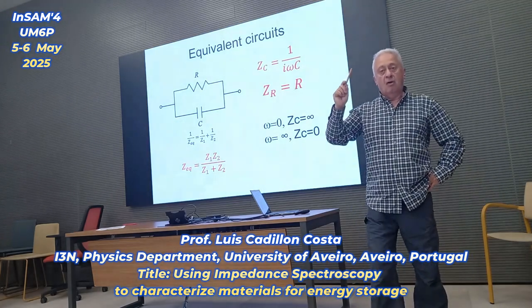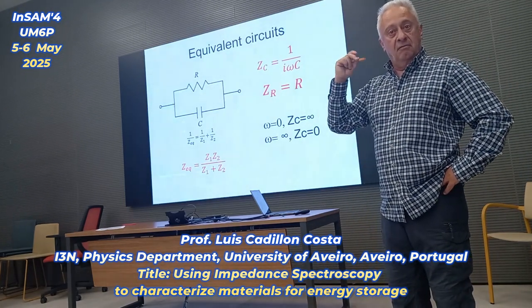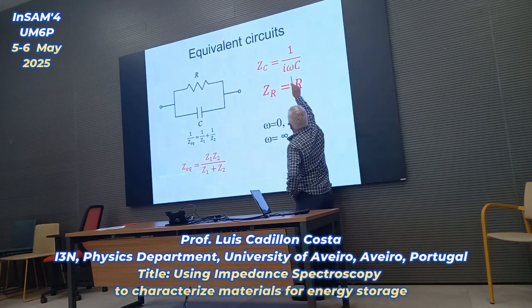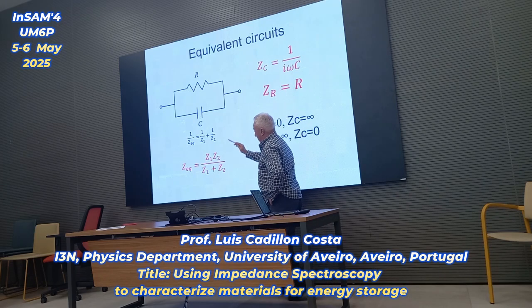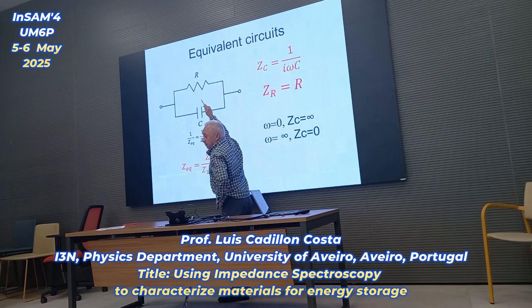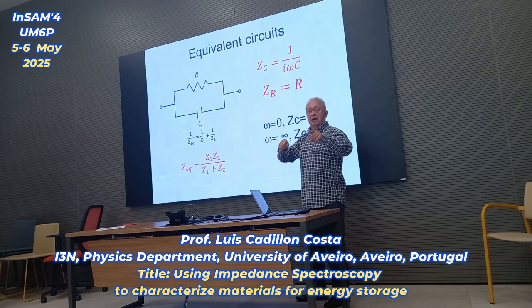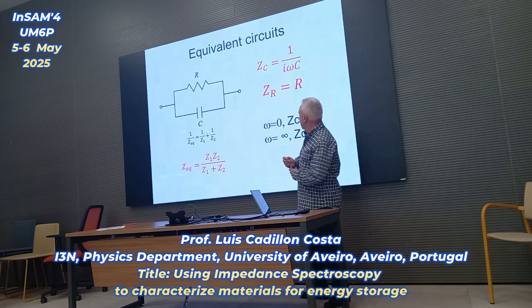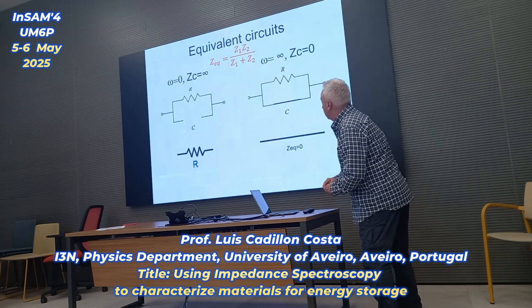For omega equal to 0, that means the static, very low frequency, this is 0 and this is infinite. We have these in parallel, and you can calculate. Let's see what happens for very low frequency and very high frequency, that is, zero frequency and infinite frequency.